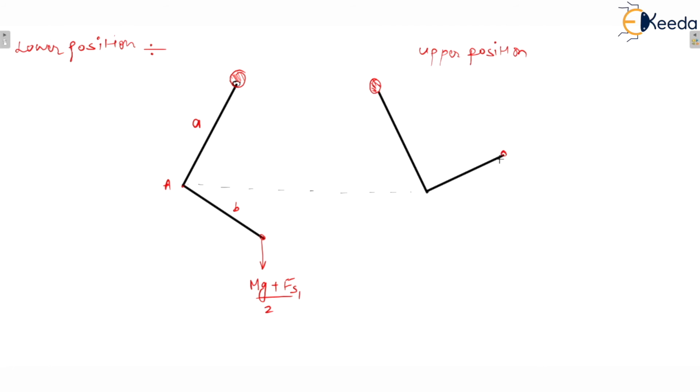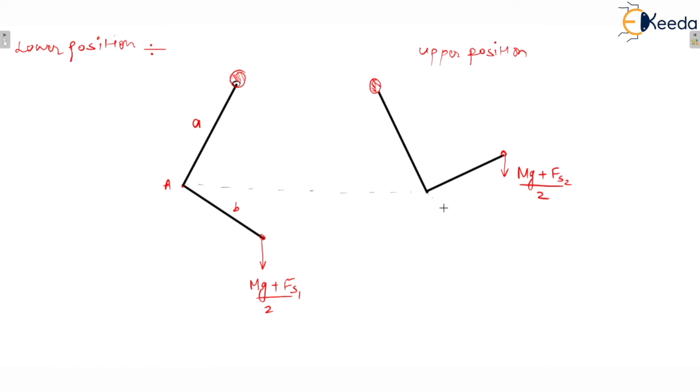Again there will be Mg plus Fs, this time Mg plus Fs2, because the spring force will change. Because the sleeve is moving upward, the sleeve position changes, so the magnitude of the spring force would change, but the direction would remain the same, because the spring is in compression.